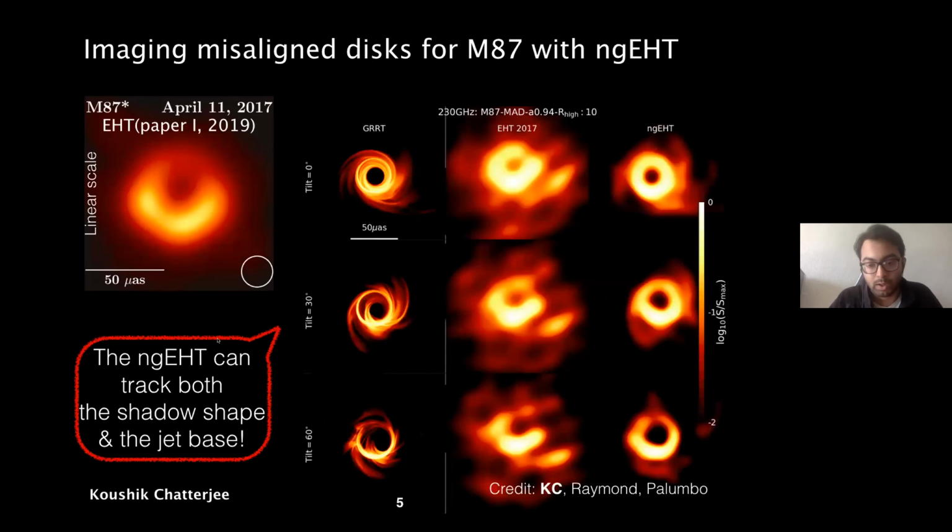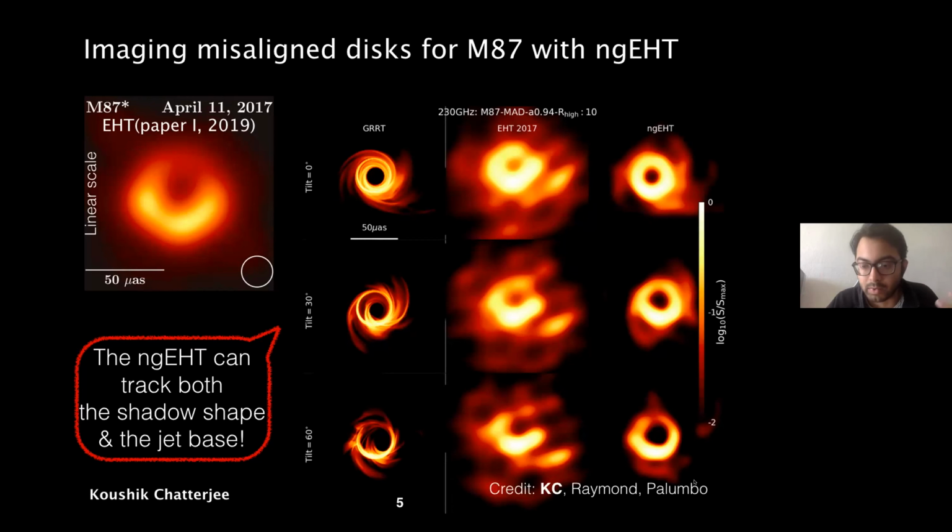And this is exactly what we try to do here. This is the actual EHT image that we took in April 2017, and on the right are reconstructions, using either the ngEHT 2017 array or the new ngEHT array, as we look into which array configuration would be best.